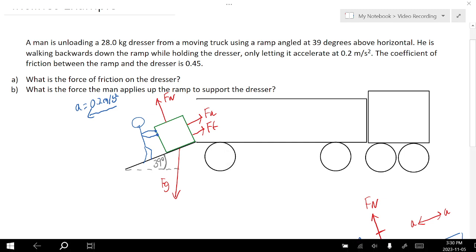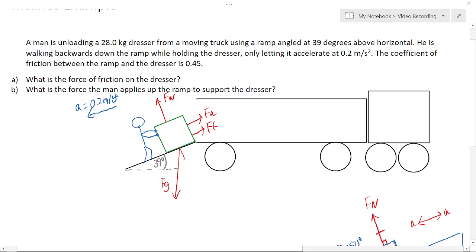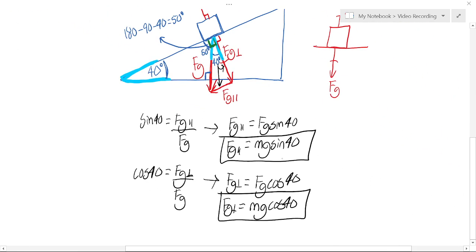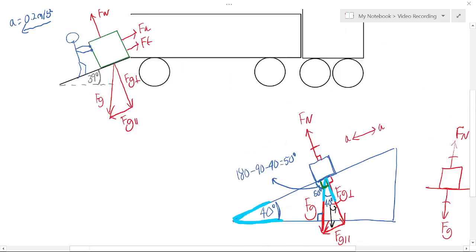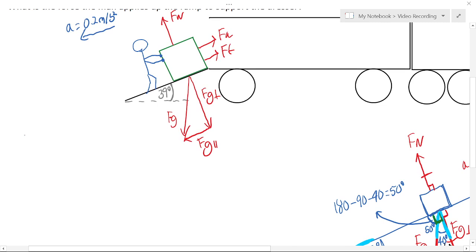Now, as I said to you, for every inclines problem, I recommend you find FG perpendicular and FG parallel. And as we saw, that's equal to mg sine of the angle and mg cos of the angle. So let's go ahead and find those. FG parallel equals mg sine of whatever angle we have.